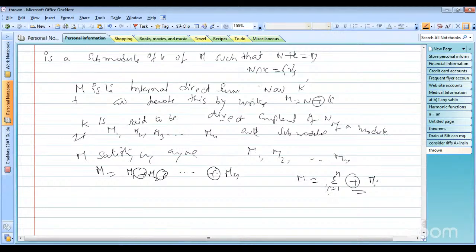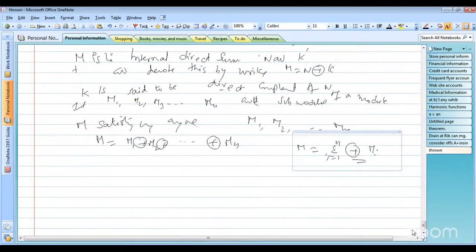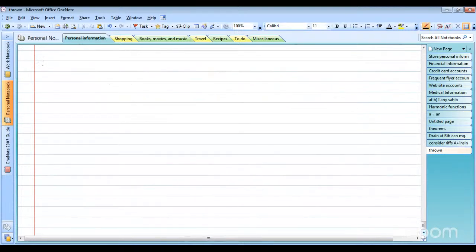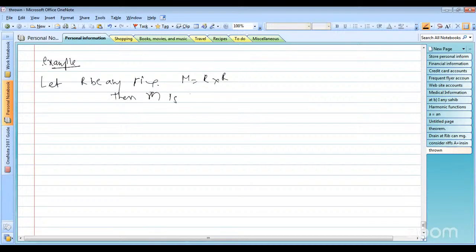So we can take one example here. Let R be any ring, M is equal to R into R. Then R is a submodule under the usual operation. Then M is an R module under the usual operation.